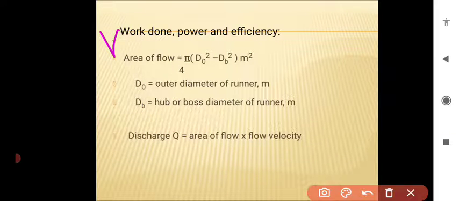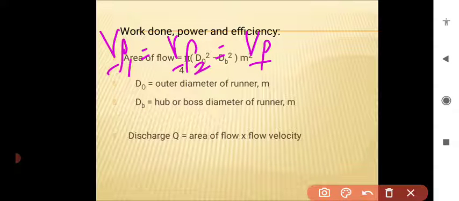So therefore Vf1 is equal to Vf2 is equal to Vf.